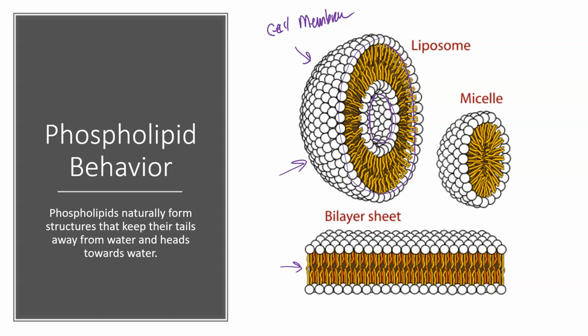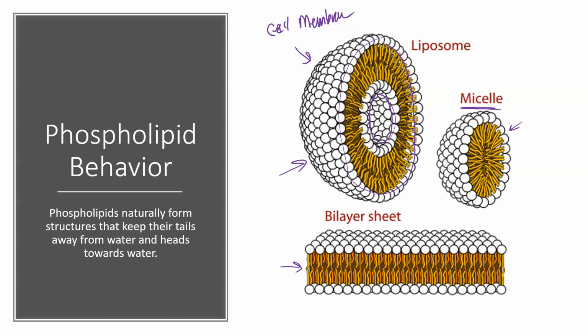But in smaller quantities, these phospholipids can actually just create these micelles, and that's essentially just a lipid bubble, so to speak, right? So if we dropped vegetable oil or olive oil into water, the little tiny droplets of oil would create these micelles, and those are available and free-flowing within the cell cytoplasm also.